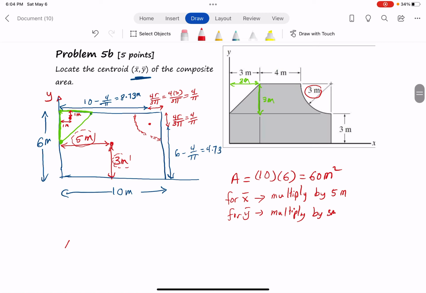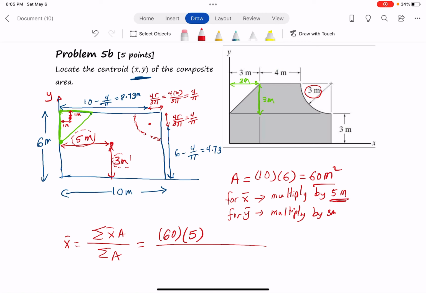So x bar, from the equation we have, is summation of x bar A over summation of A. Let's take the whole rectangular. As we mentioned, the area is 60, times x bar, which is 5. Now, what is the triangle?